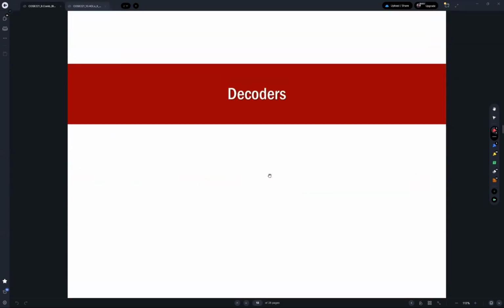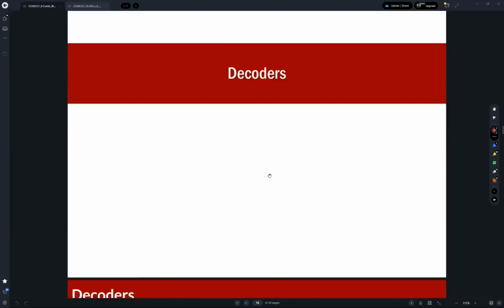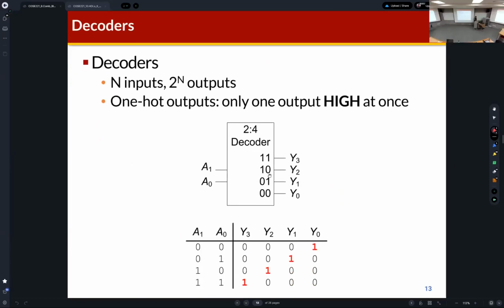Okay, let's learn about the decoder. The decoder is another basic combinational building block, and this is the definition of a decoder. It's just a definition, so you need to memorize it. You need to know the definition of this decoder.